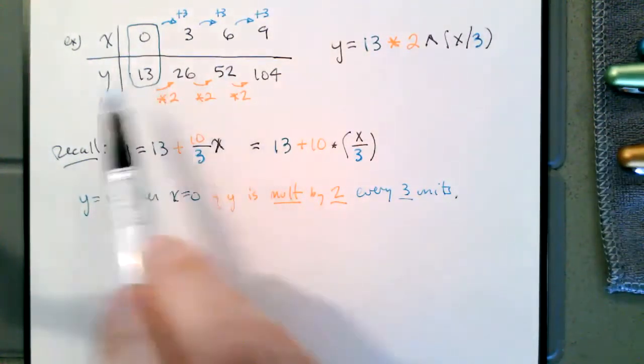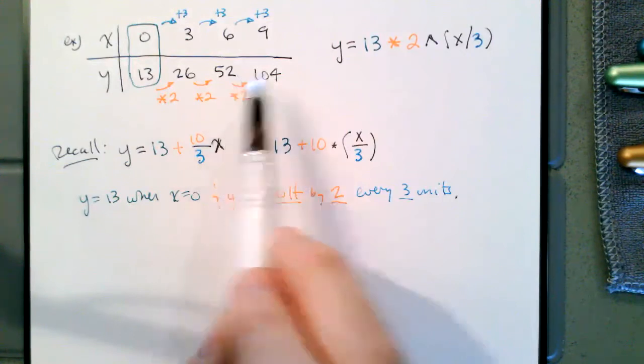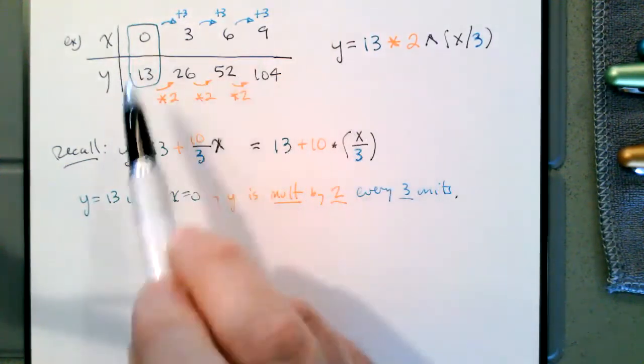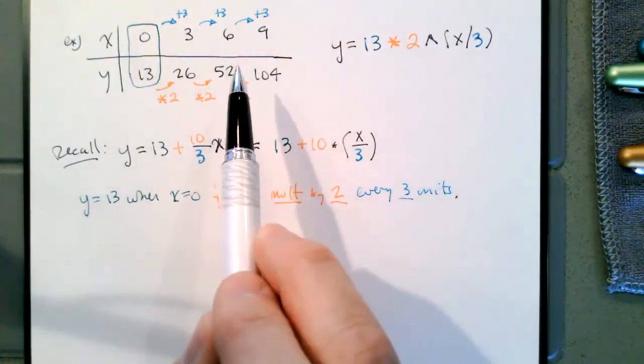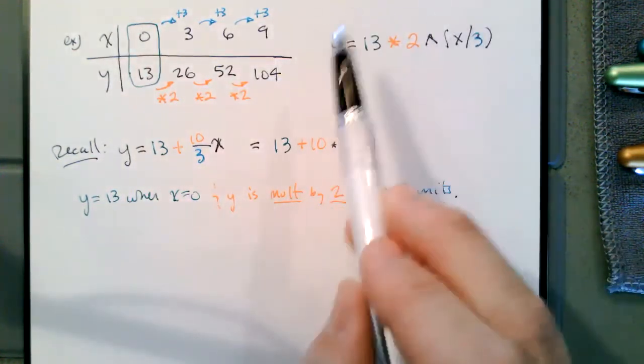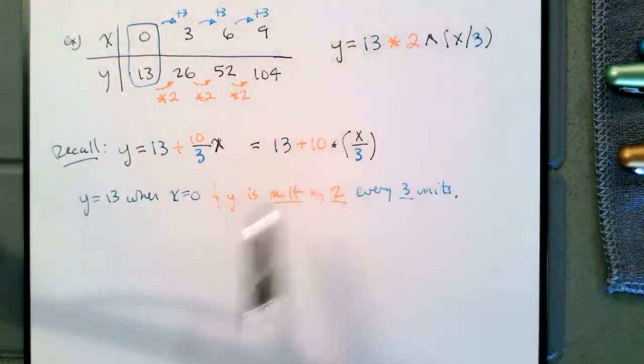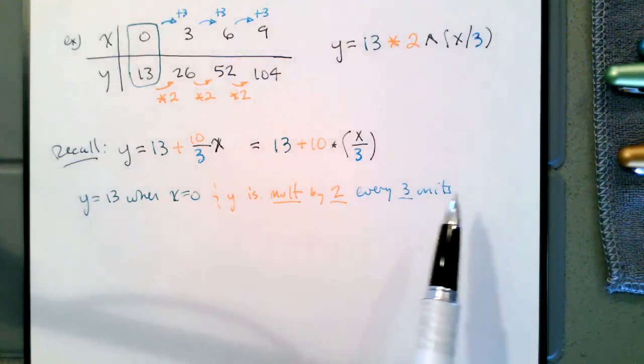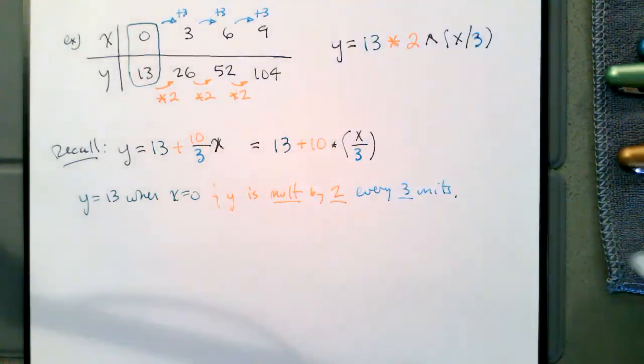So we have the numbers that create a description. This is a description of what's going on in numbers or a table. Here's a description of what's going on with an equation. Here's a description of what's going on in words with a sentence.